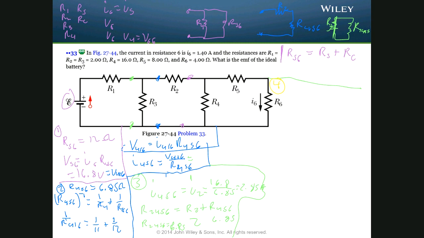So for 4, we want to look there where we have our equivalent, or R2, 3, 4, 5, 6 is going to equal, and that's going to be to the -1 power. Yes, 1, 2, 3, and 4 are related to each resistance.